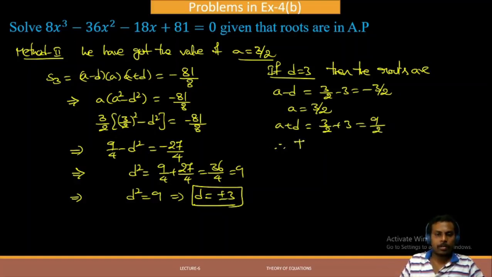So the roots are minus 3 by 2, 3 by 2, 9 by 2.